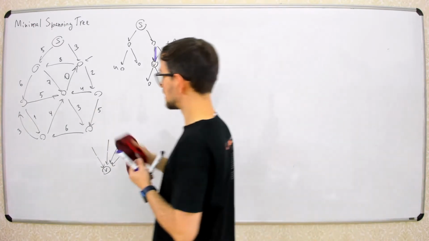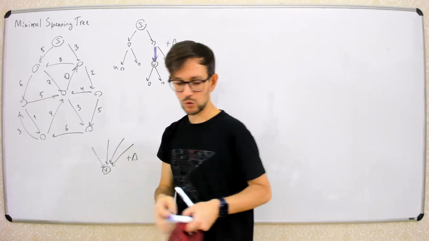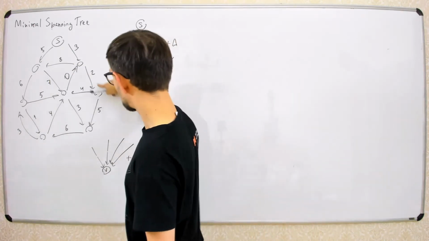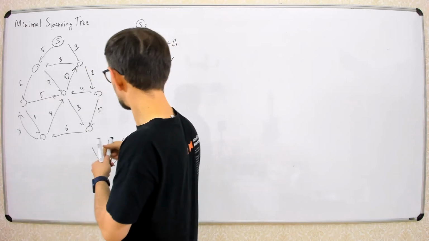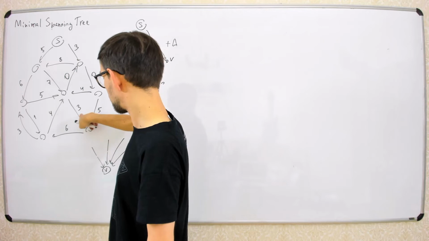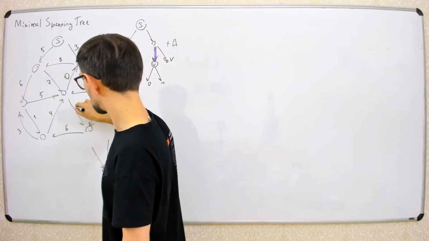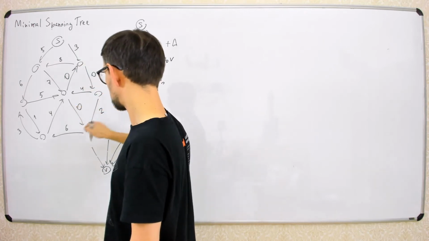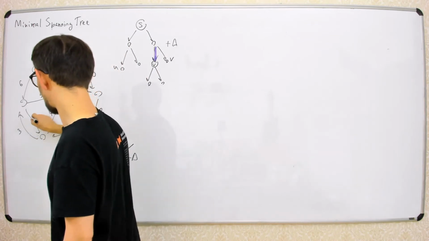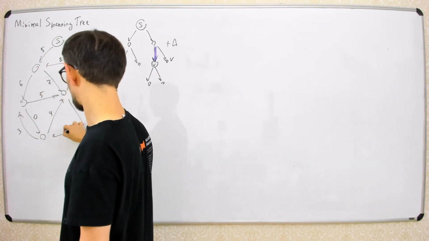Now just apply the same procedure to all nodes. So we'll try to make as many zeros as possible. So we take this node, we have 2 and another, so we'll just decrease this to 0. Here we have 5 and 3, we decrease it by 3, so we have 0 and 2. Here we have 1 and 6, decreased by 1, so we have 0 and 5.